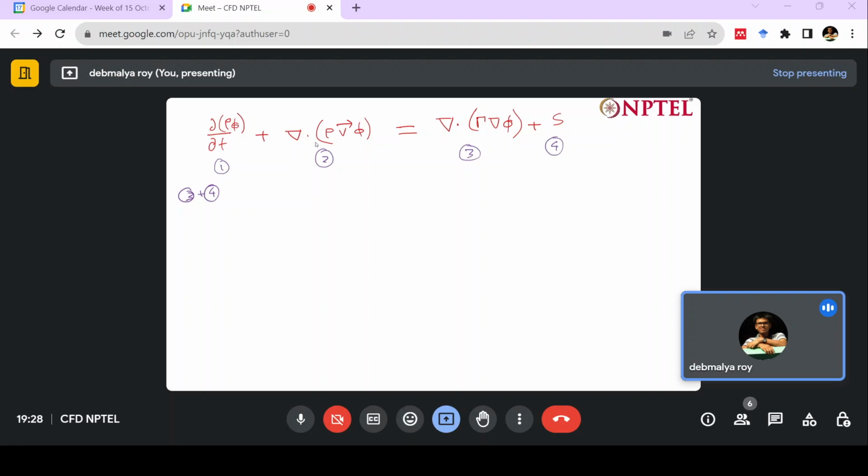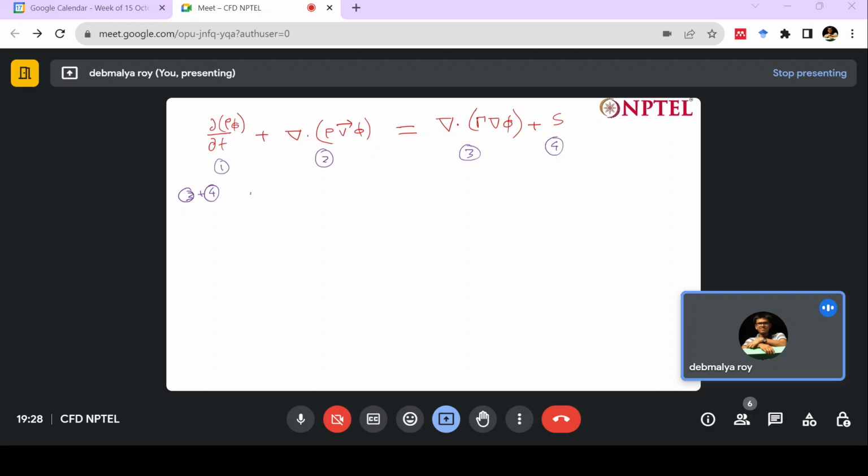In steady state conduction, you will have only the third and fourth terms. Steady state means the time derivative is not there, so term one is not there. Conduction means no advection, so the second term is also not there. So the steady state conduction equation will contain only 3 and 4.